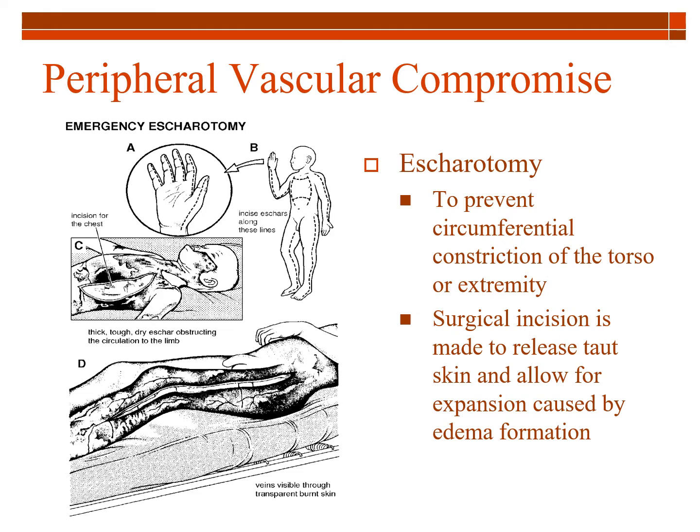An escharotomy, which is an incision through the full thickness eschar, is often done to restore circulation to compromised extremities or improve chest expansion. Once the swelling resolves, then the surgical incision can be closed up again.